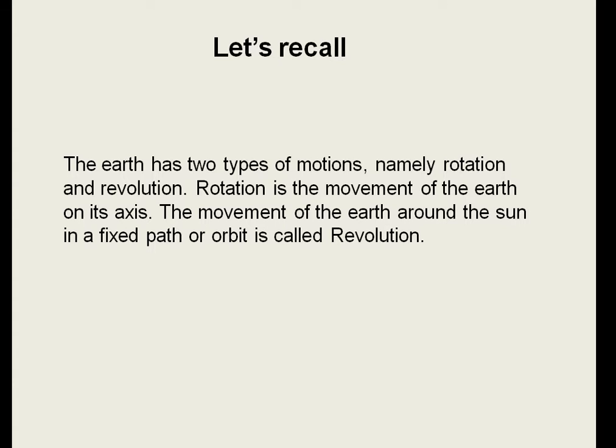In my explanatory classes, in regular classes, I already told you what is rotation and what is revolution. So dear children, rotation is the movement of the earth on its own axis. Revolution is the earth moving around the sun in a fixed path.